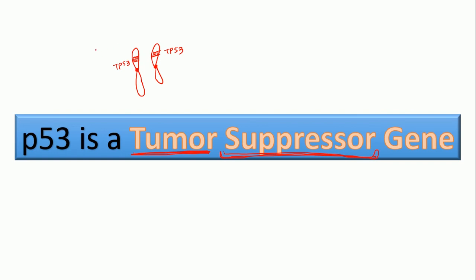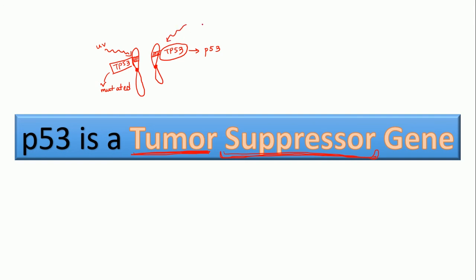Now, say we have UV radiation, and one of the TP53 genes is mutated. When this is the condition, there won't be any problem, because I have another TP53 gene which can produce a functional p53. Although the translation would be in a lower amount, the functional p53 would be encoded.